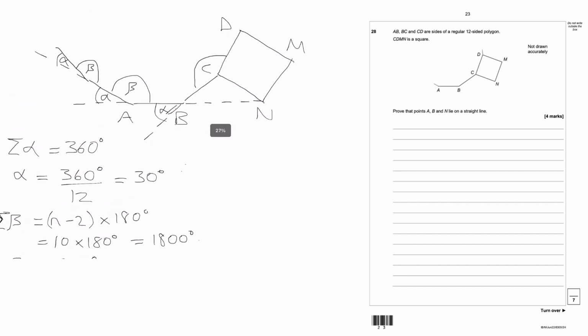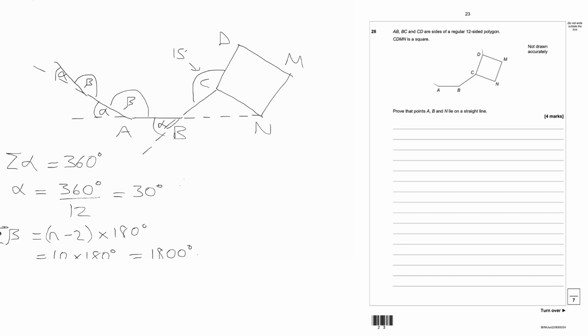Going back up, this angle here is 150 degrees. CDMN is a square, so the angles in here are all right angles, 90 degrees. I'm going to call this angle here X, and X is equal to 360 degrees minus 150 degrees minus 90 degrees, which is 120 degrees.